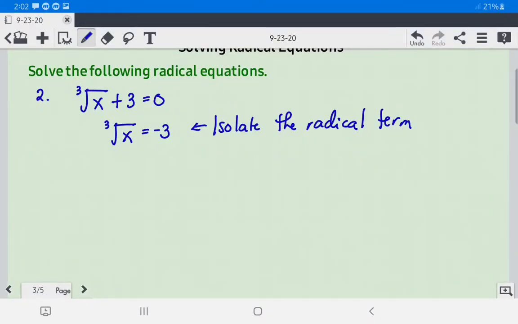Then after that, we're going to apply the principle of powers. If x is equal to y, then x raised to n is equal to y raised to n. So we have the cube root of x.